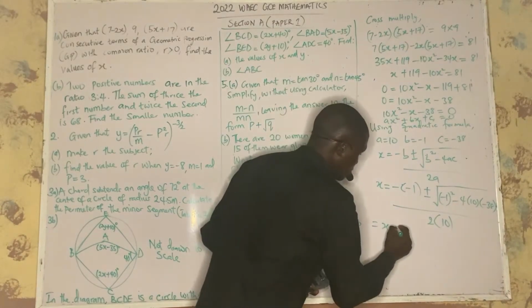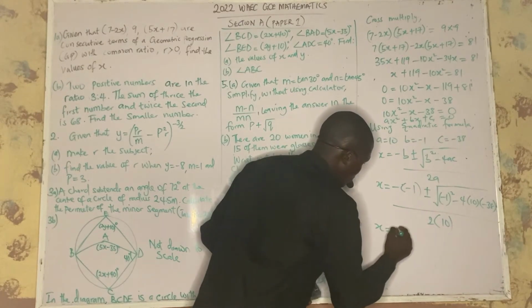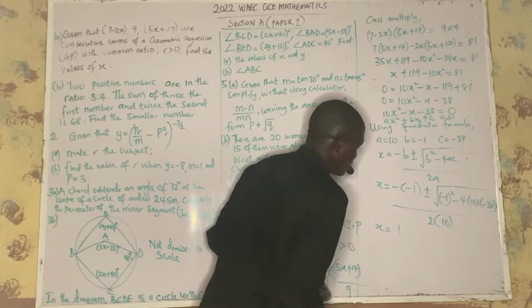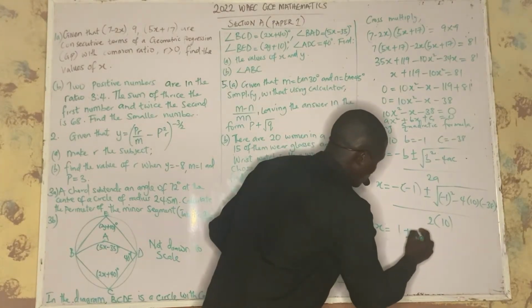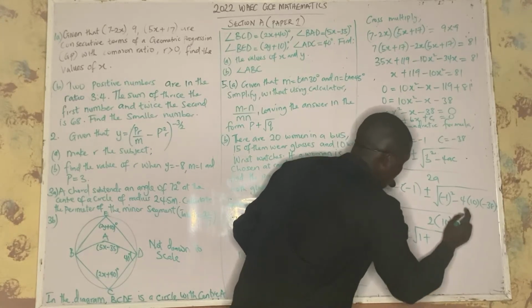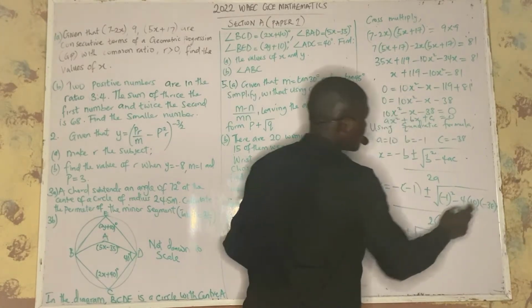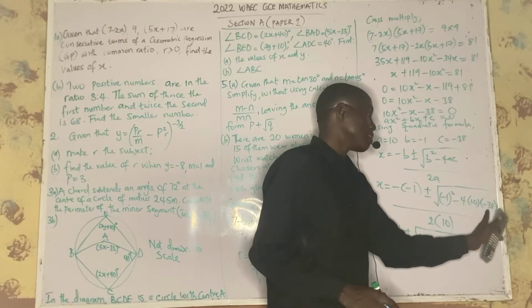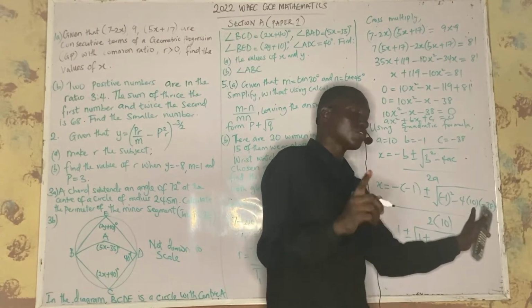So let's see what we are going to have here. x is going to be 1, that is plus 1, because minus times minus is plus 1. Plus or minus root of 1 plus, now minus 4 times 10 times minus 38. So minus 4 times 10 is minus 40.